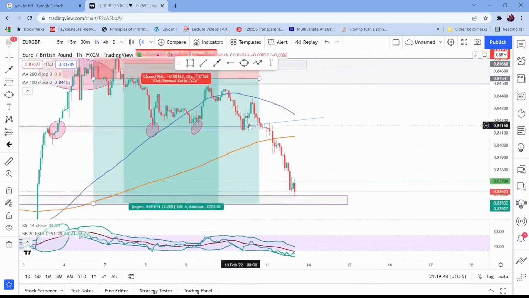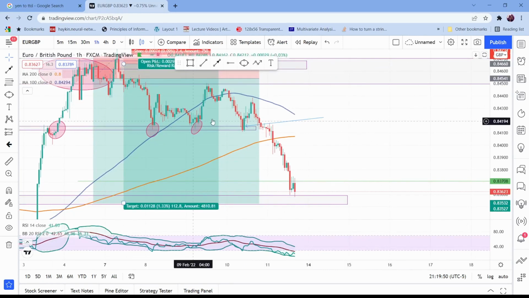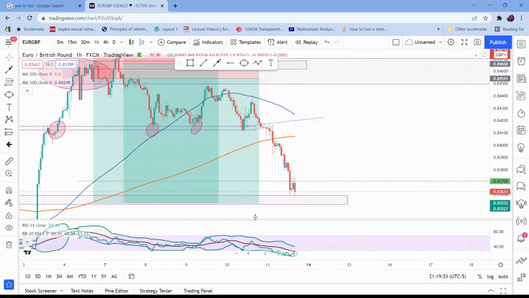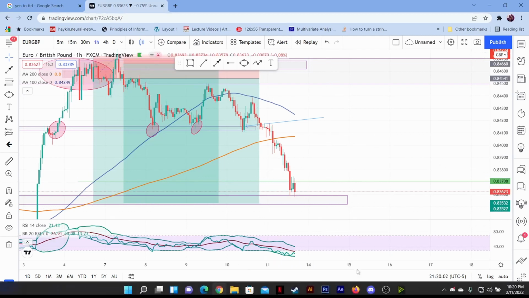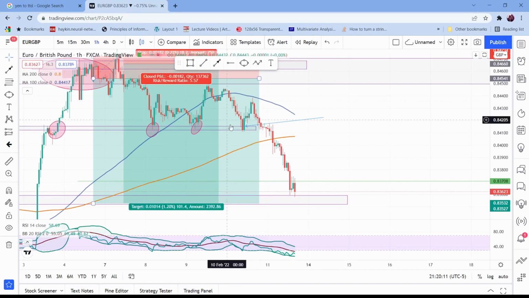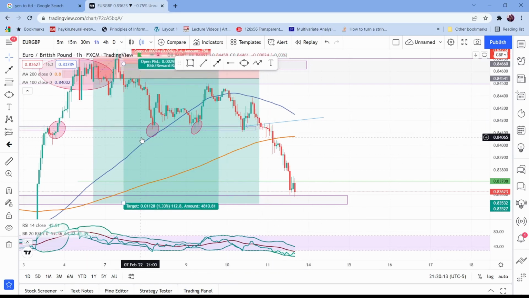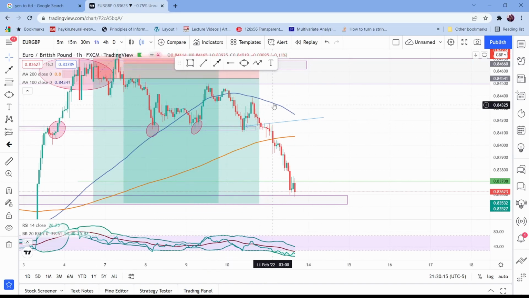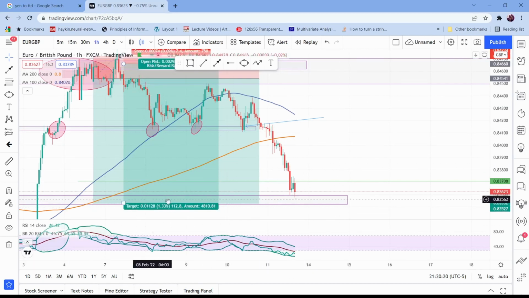If we did get that break in structure, more than likely we're going to see more selling pressure continuing to the downside. And you see we did have that break, which would have been this candle right around here on the 11th. Unfortunately, I didn't enter this trade, but you can see we did get that break of this little support area, and we did get that continuation down to the overall TP target that we were looking at.